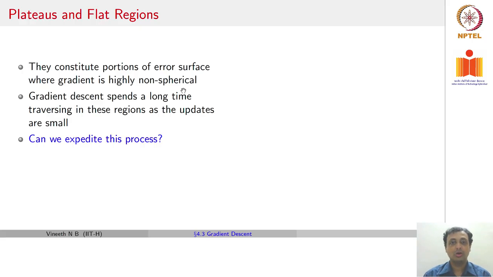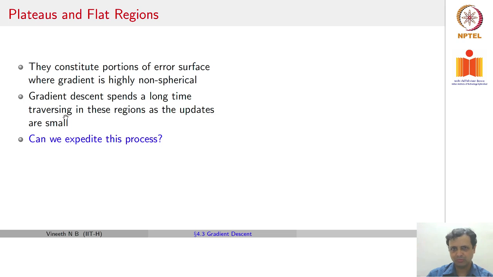That's what we mean by non-spherical in this particular context. Non-spherical is elongated elliptical. So gradient descent spends a long time traversing in these kinds of regions as the updates could be very small.